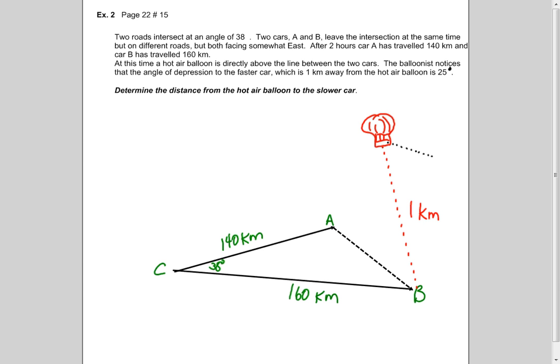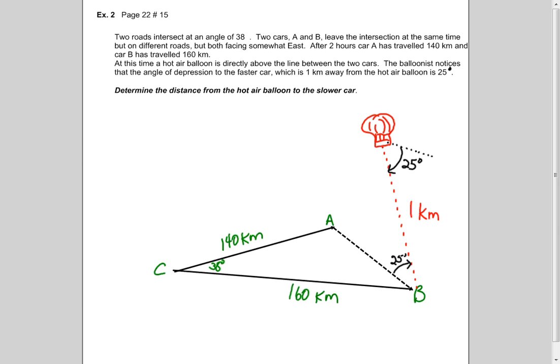And then he looks down in a depressed sort of way, angle of depression, down to that car, is 25 degrees. It means that if the balloonist is looking down at car B with an angle of depression of 25 degrees, it happens to be true that the angle of elevation as B looks up at the balloon would also be 25 degrees. That comes from the Z pattern that we looked at before.